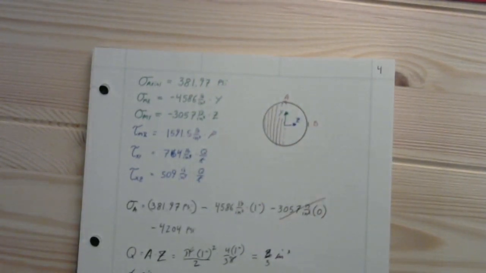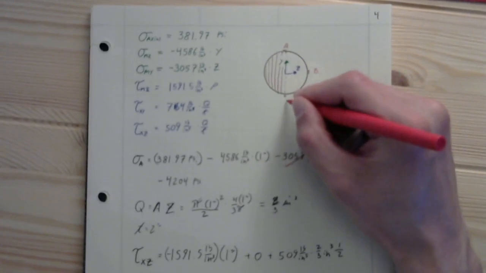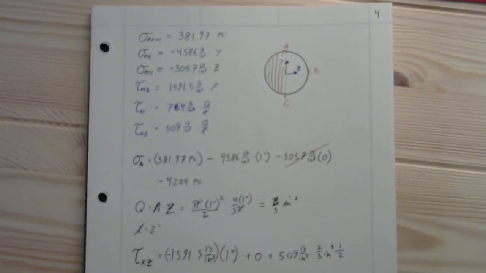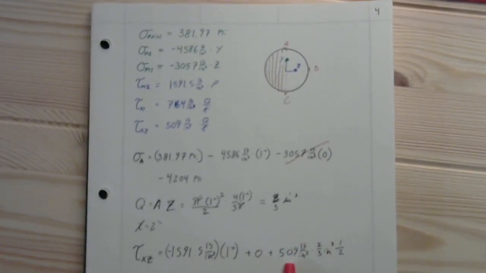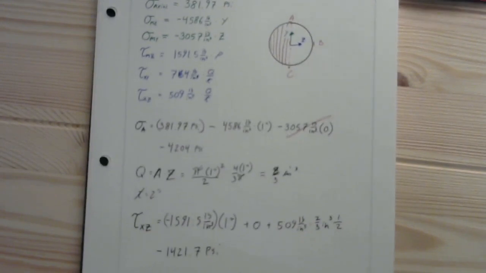So be very careful about that when actually doing these problems, because if we had another point, let's call that C, I guess, is the one that makes sense, then this value would be the same from the applied shear. It'd be the same. But this value would be the opposite. It would be in the opposite direction. And so they would sum together to be much larger, something over 2,000 psi of shear stress right there. So do be careful of that.